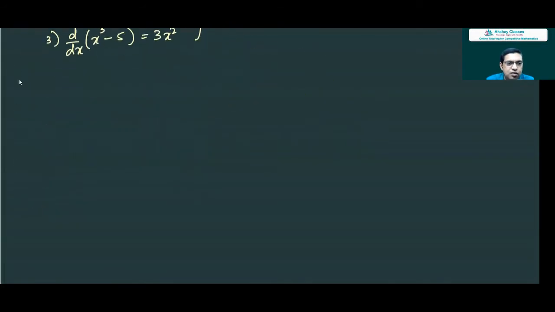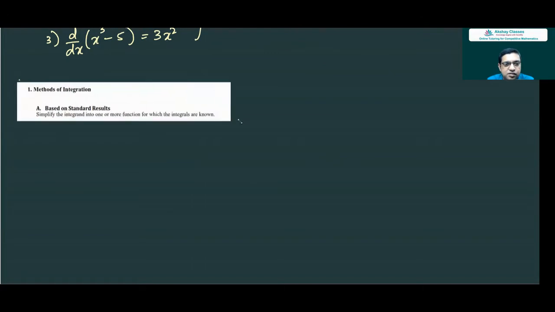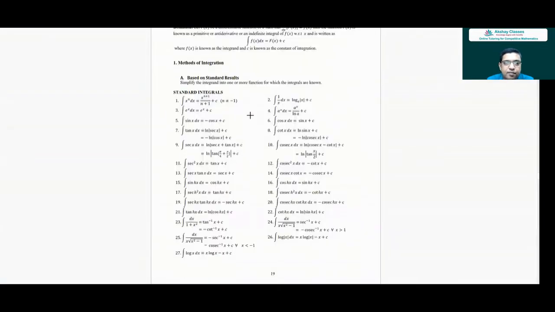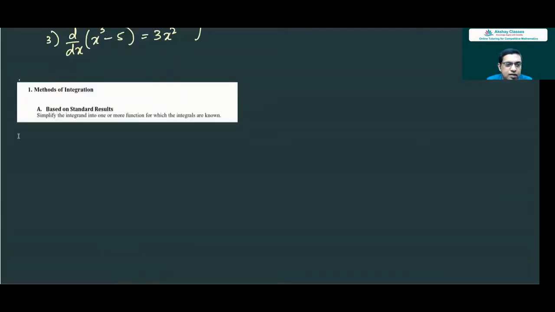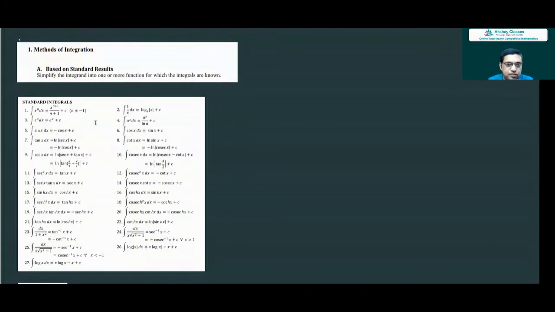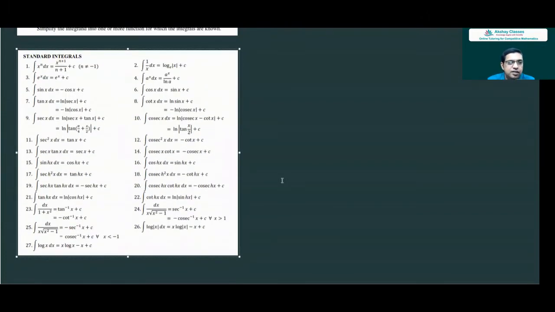The first method of finding the antiderivative is using the standard results. For the standard results, we have to simplify the integrand into one or more known integrals.